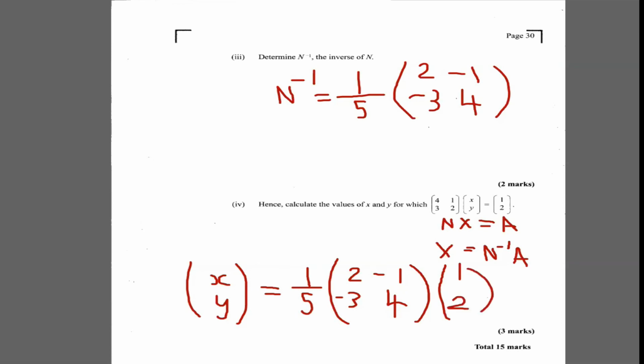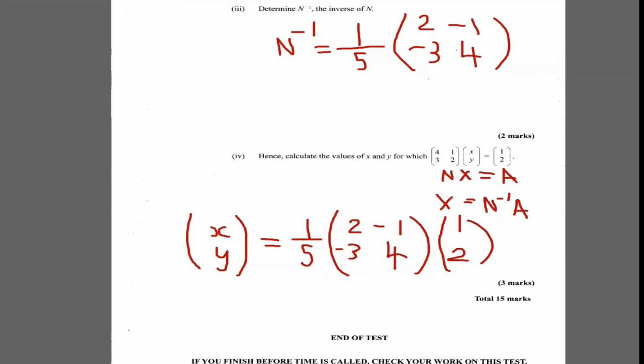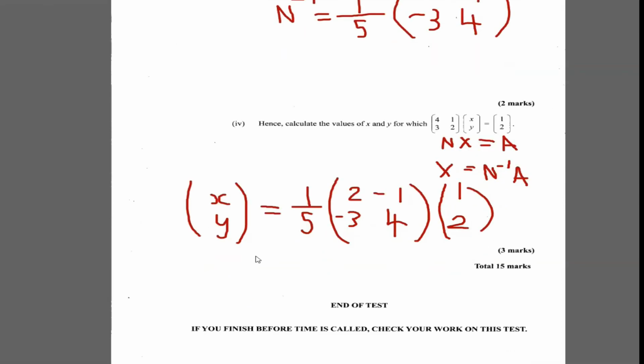All right, so let's just take a second to work this out quite easily. When we evaluate this, it's going to be 1/5 of: 2 times 1 is 2, plus negative 1 times 2 is negative 2, 2 minus 2, that's 0. Then we have negative 3 times 1 is negative 3, plus 4 times 2, that's 8. 8 minus 3 is 5.